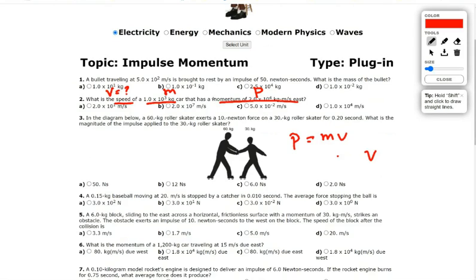The mass is 1 times 10 to the third kg, and P is 2 times 10 to the fourth. So P equals M times V, and you divide both sides. This is really 1,000, this is 20. You could just do 2 times 10 to the power of 4 divided by 1 times 10 to the third.